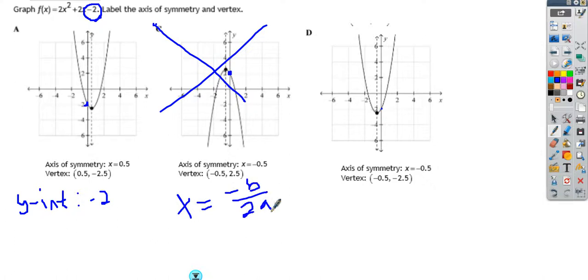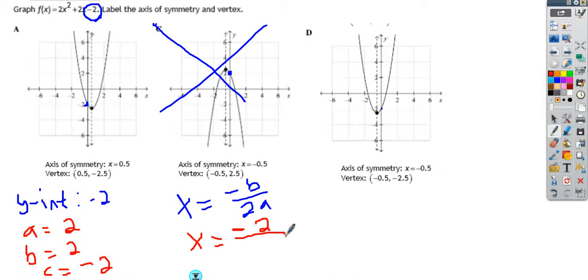As a reminder, off to the side I'm going to write my a value, which is in front of the x squared, which is 2, my b value, which is in front of the x, which is also 2 in this case, and my c value, which is our y-intercept, -2. So x equals -2 over 2 times 2, because those are our values.